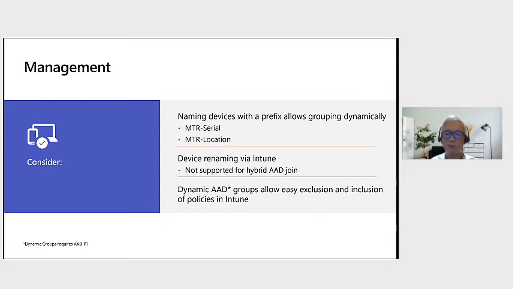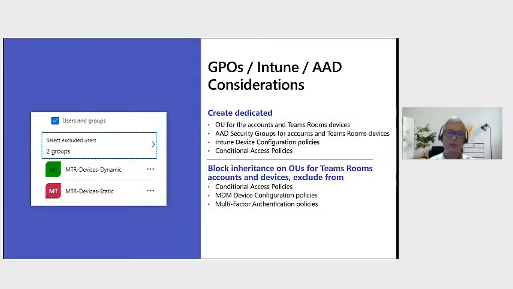Instead of having to manually add your MTR devices into the Azure AD policies, if you rename them with a prefix, then you can use dynamic AD groups to automatically add those devices into that group, and therefore they will be included or excluded in those policies in Intune. Intune is important because you can use those naming prefixes to control the policies.